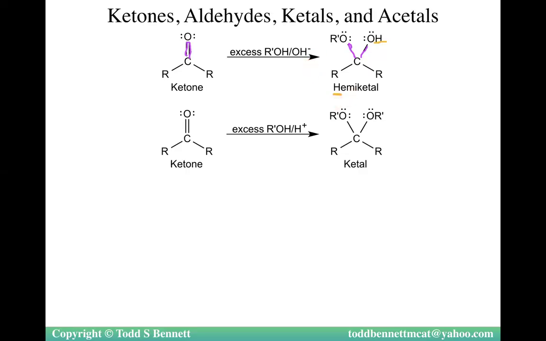So if you have OH, then you get an H still on there. So hemiketal, whereas if you do it in acid, you can go all the way to the full ketal. So ketal is OR, OR. I'm going to refer to it incorrectly, but still okay for me, a double ether, meaning you have an OR and another OR on a carbon.